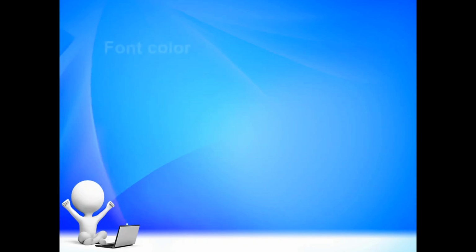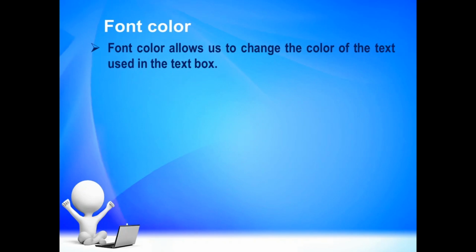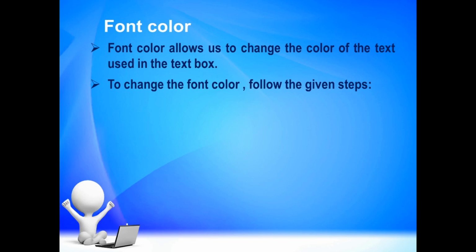Next, font color. Font color allows us to change the color of the text used in the text box. To change the font color, follow the given steps. Step 1. Select the text used in the text box.